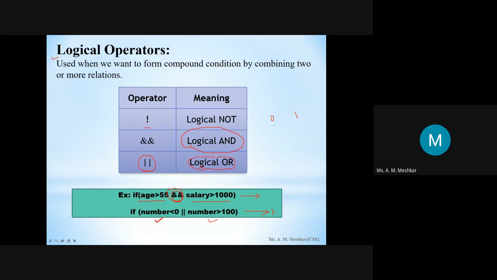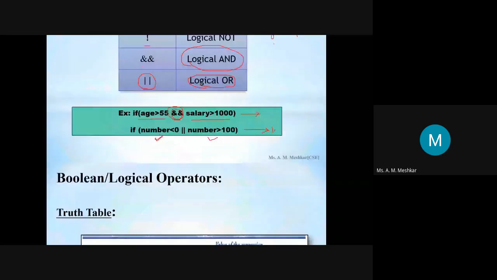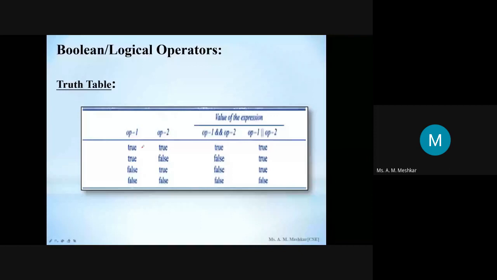I think you have studied these tables of and, or, not. You must have studied them in Gates, right? Logical gates. So there are certain truth tables. They are known as the truth tables, which help us evaluate their value for a particular operation. Like here you can see the expression evaluated based on the values of operand 1 and operand 2.